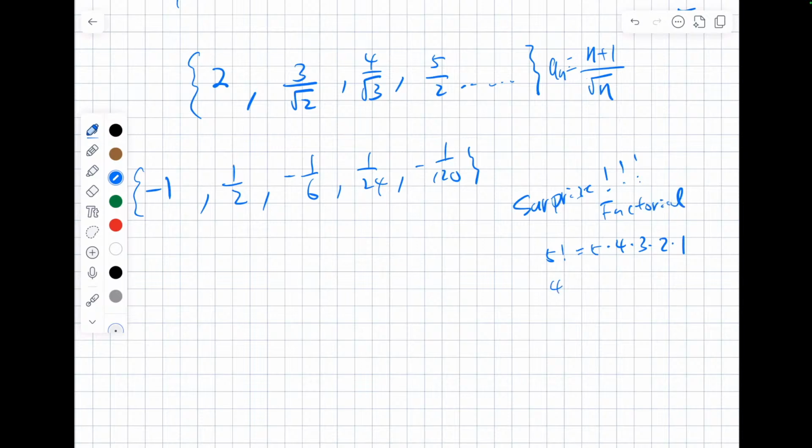So 4 factorial is equal to 4 times 3 times 2 times 1. 3 factorial is equal to 3 times 2 times 1. 2 factorial is 2 times 1. 1 factorial is 1. So here's my question, guys. What is 0 factorial?